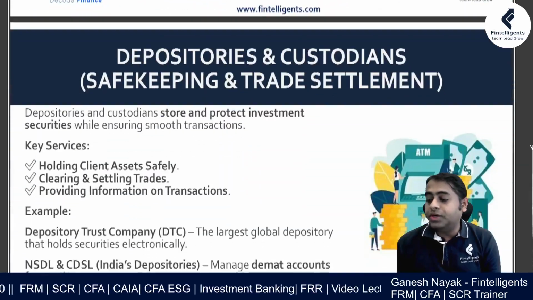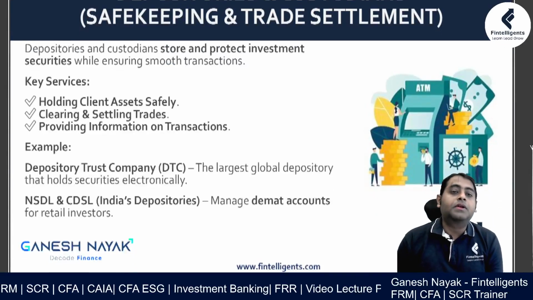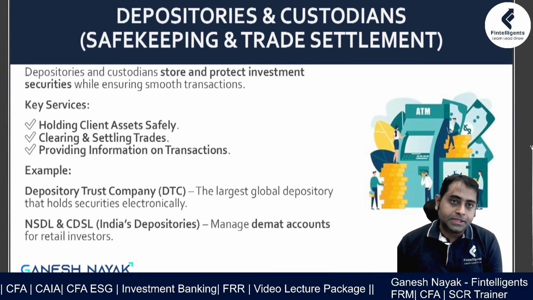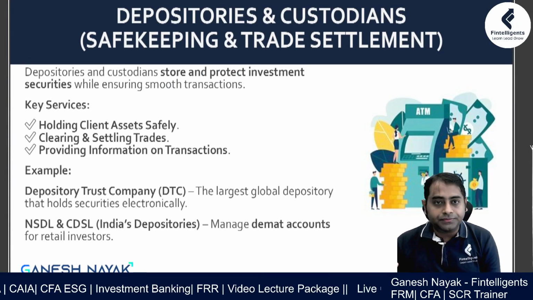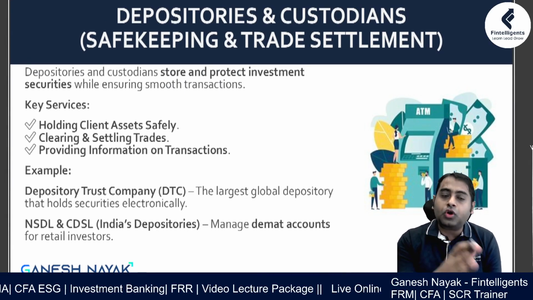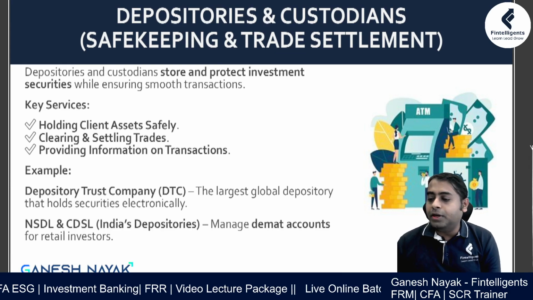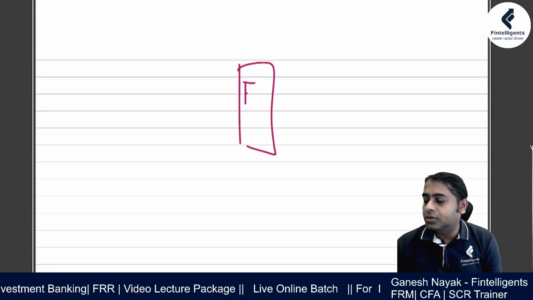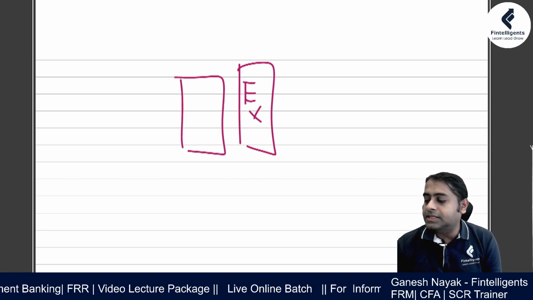Depositories and custodians. Okay, now depositories are somebody who is holding the securities. Now whenever you normally do a transaction in the market, I'm talking about stock exchange, there is an exchange over here, then there is a clearing house.